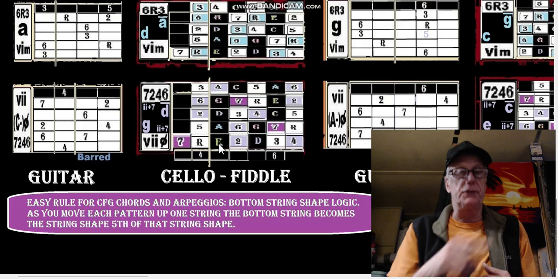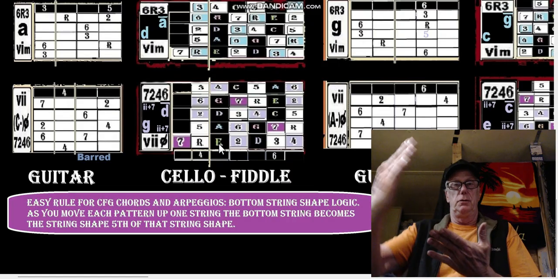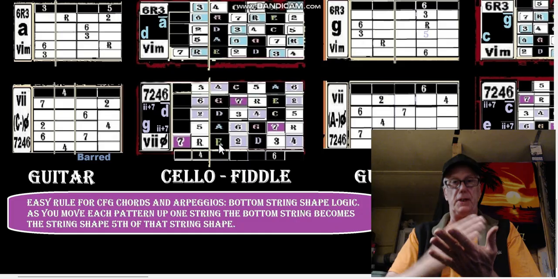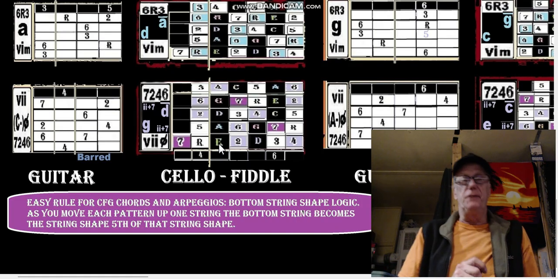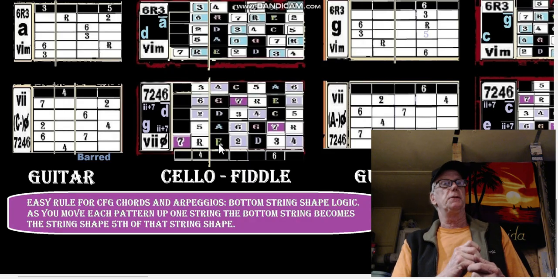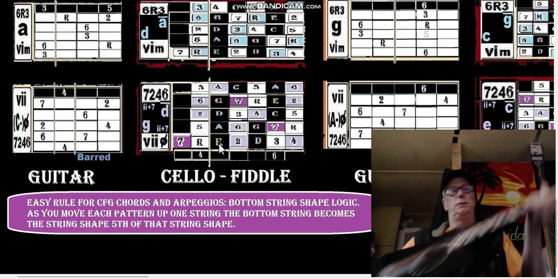We're not going in circles. We're looking at parts of that circle. Okay, 1, 4, 5. The 5th of the E shape is the C shape. It's not the B shape.